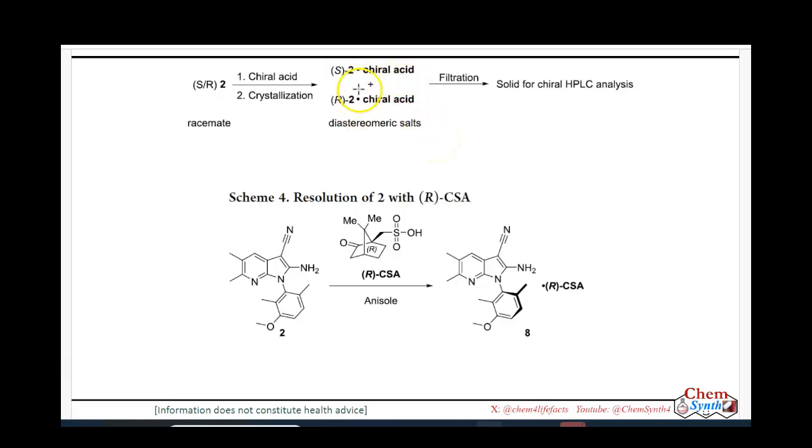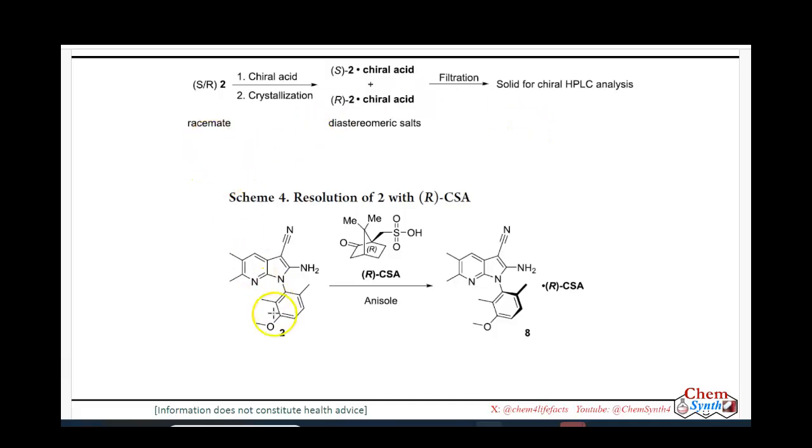One from R isomer, another from S isomer, and then selectively they would do crystallization, and one particular isomeric salt they could separate by filtration. So that was the approach.